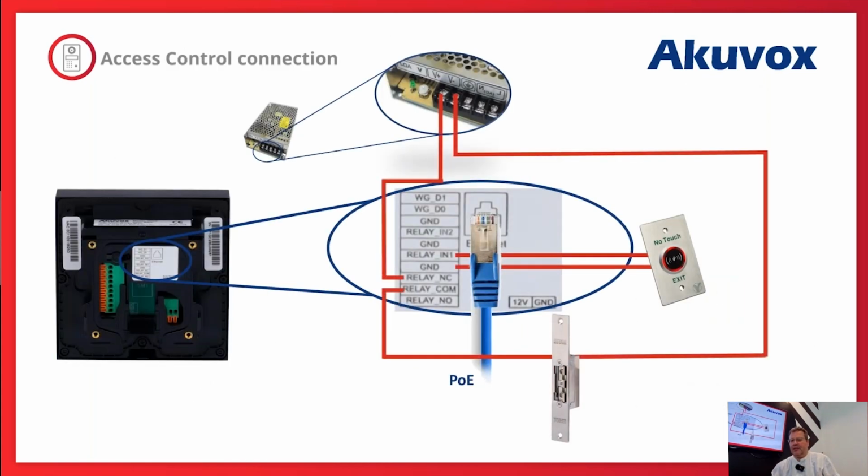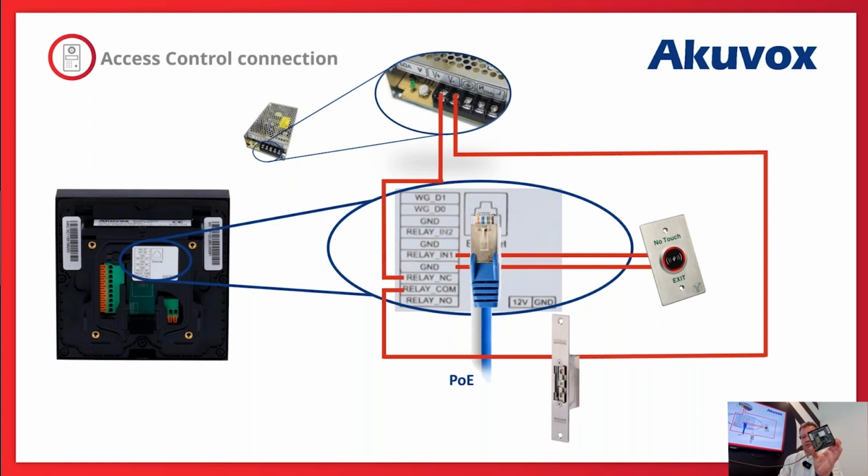Now, how do we connect those devices, those access control panels? I have one over here, just bear with me. Where is it? You see, it's very compact. It fits right in the box of an installation.